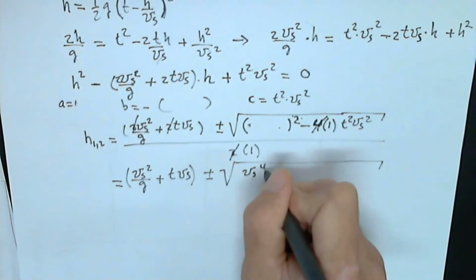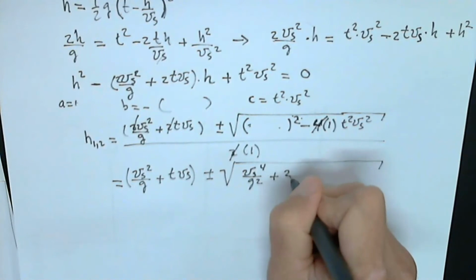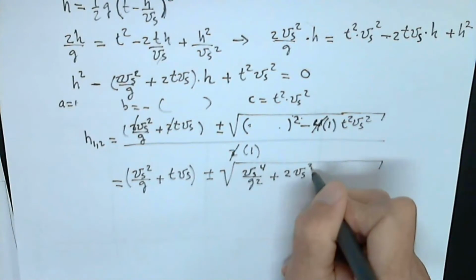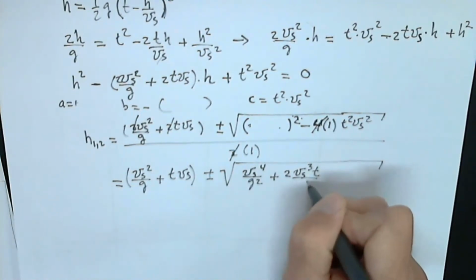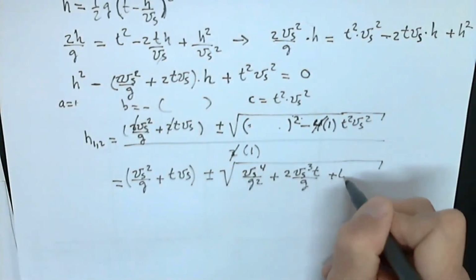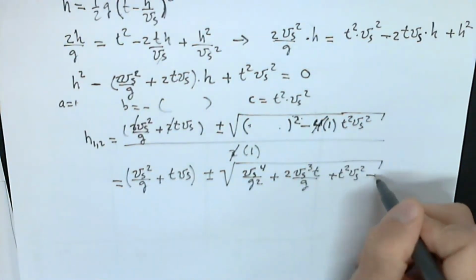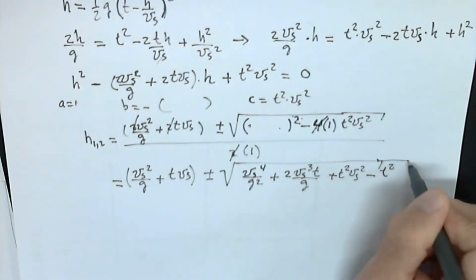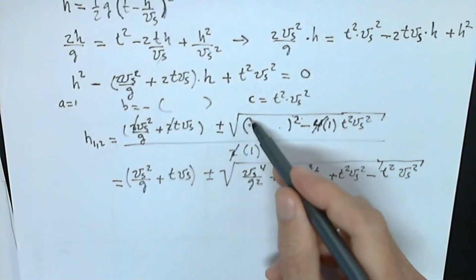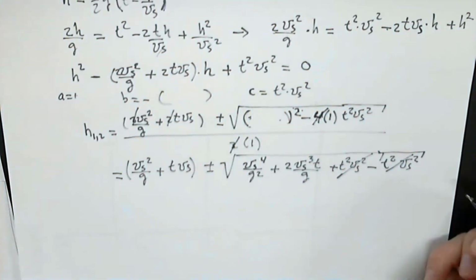So bs to the 4 over g squared plus 2 bs cubed t over g, that's 2 times each other, plus t squared bs squared. Over here I got minus t squared bs squared. As you can see, the reason I squared this term over here is because this cancels.